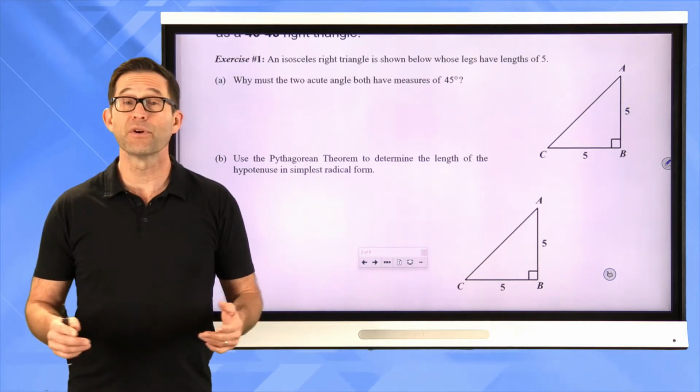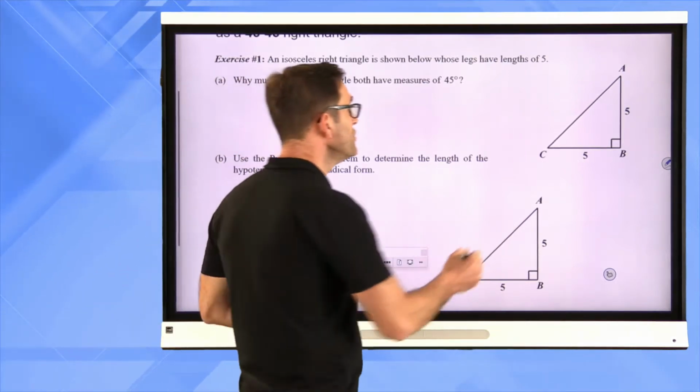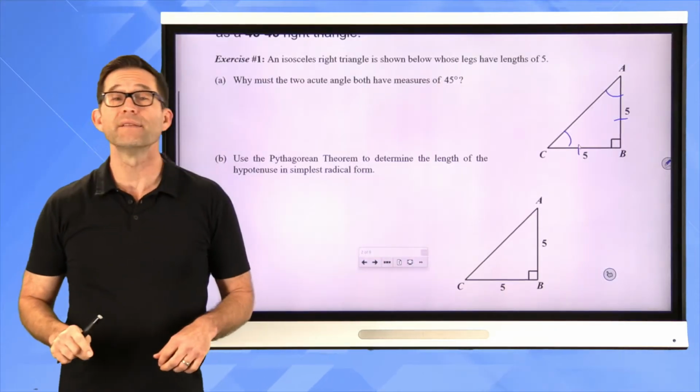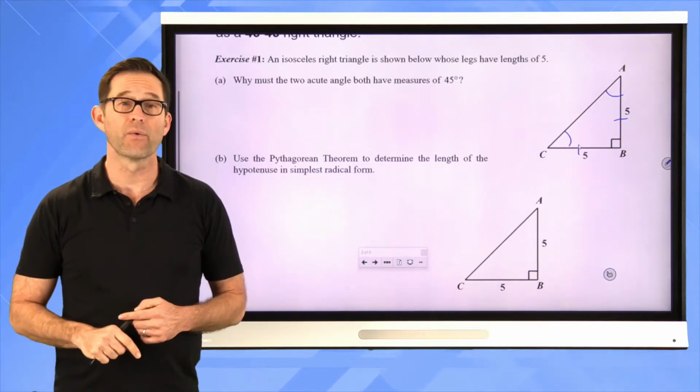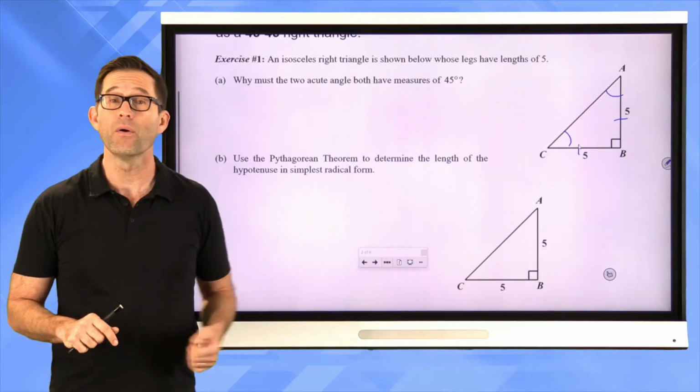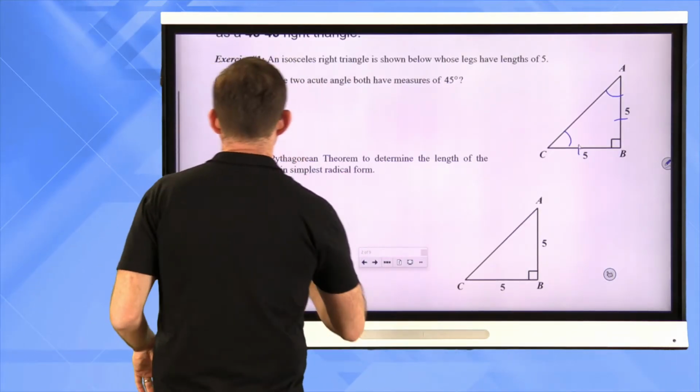All right, well, it's pretty simple, right? Because these two sides are congruent, then these two angles must be congruent. And since the two acute angles of any right triangle must add up to 90 degrees, and they're equal, then they must both be 45.